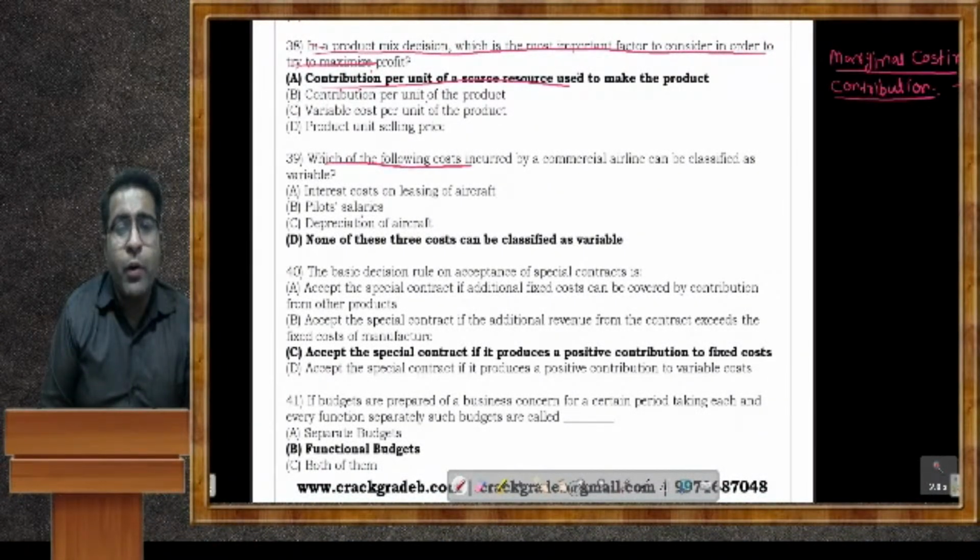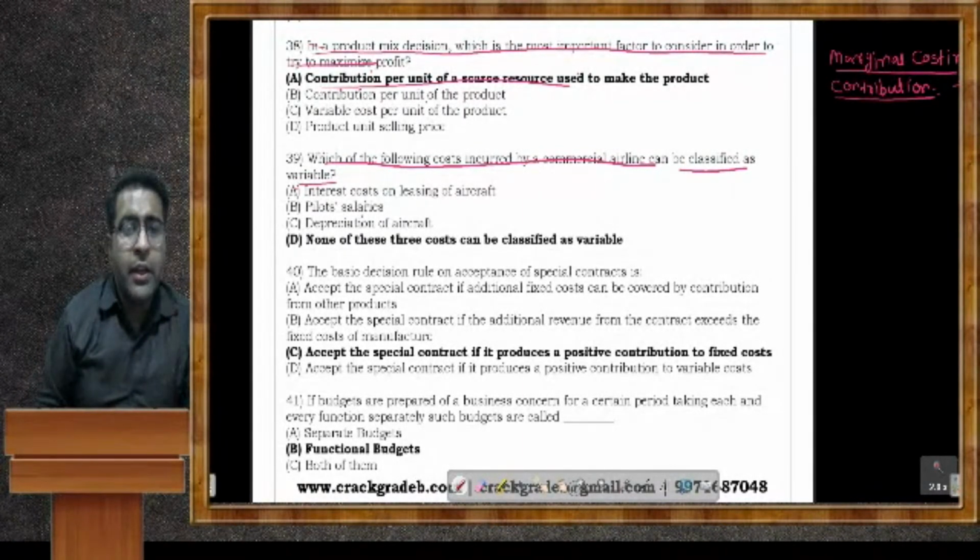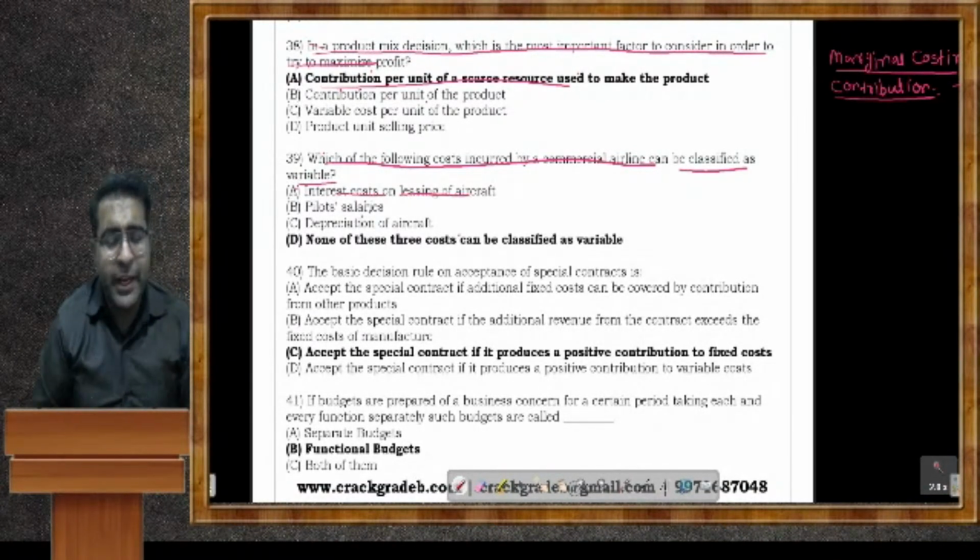Which of the following costs incurred by a commercial airline can be classified as variable? Out of which, what is the variable cost incurred by the commercial airline? First, interest cost on leasing of aircraft. No, because it is a fixed charge.